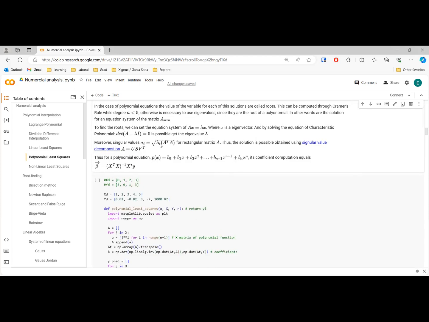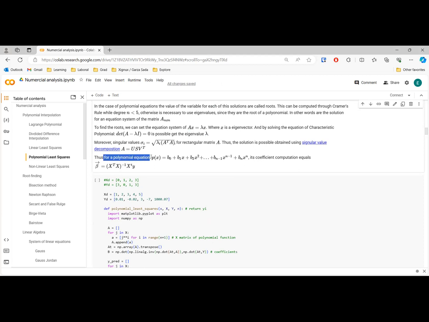It's worth noticing that the eigenvalues are only useful for computing the results in a square matrix. However, by applying singular value decomposition, it's possible to work with a rectangular matrix.